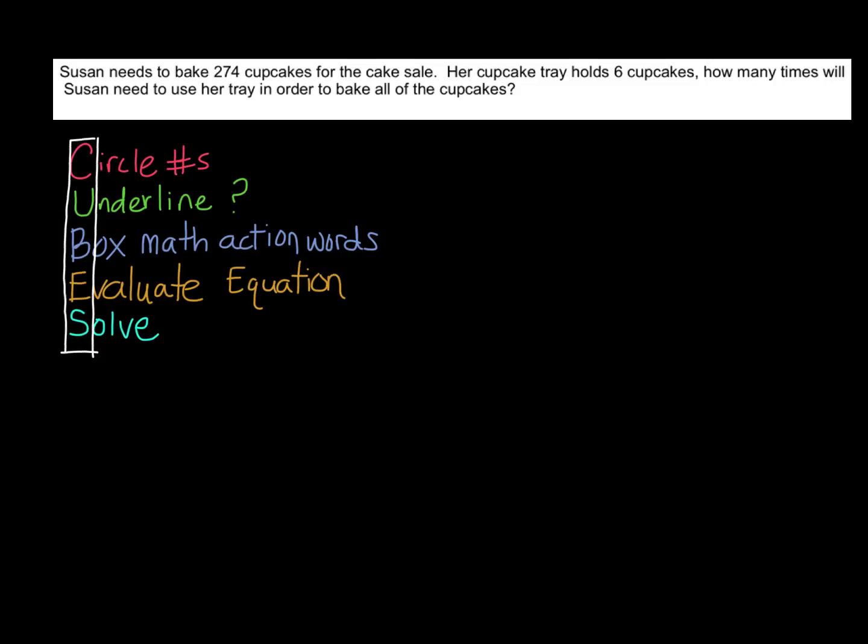So we've got the 274 cupcakes and the tray holding 6 at a time. And the question is asking how many times will she need to use the tray to bake all the cupcakes. So our equation is going to be 274 divided by 6.